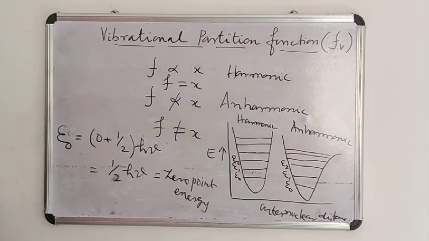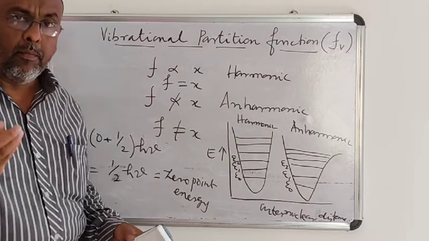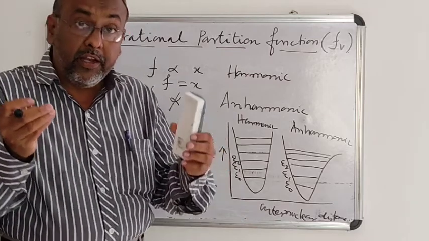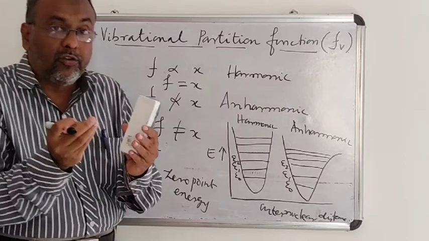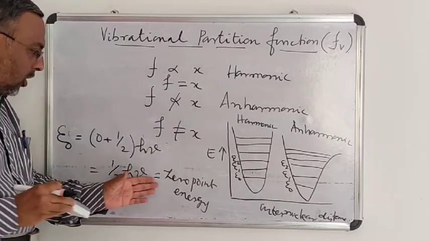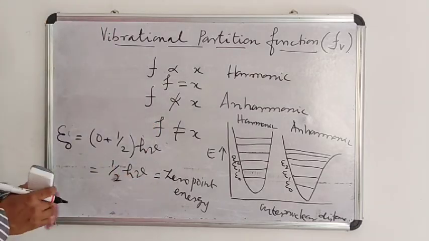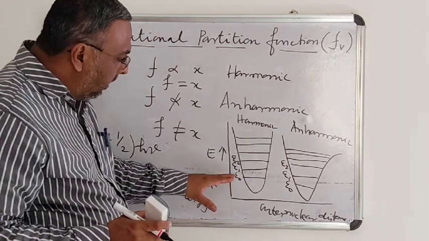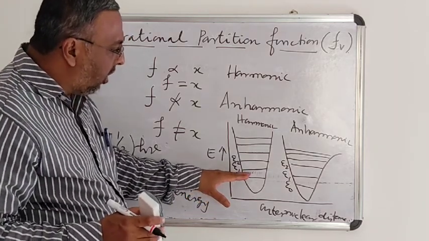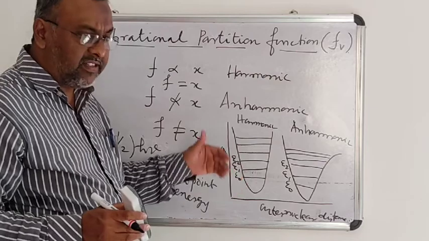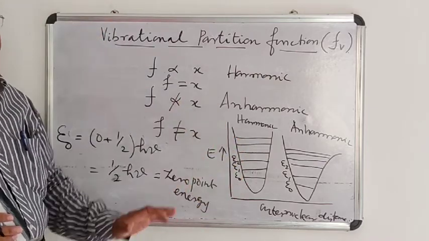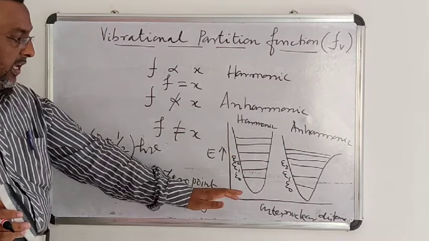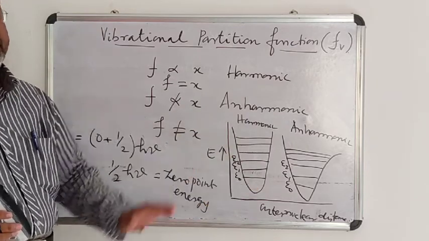Zero point energy is the energy of a molecule even in the ground state; they vibrate to some extent. The energy of the first and second levels is usually calculated with reference to the zero point energy, that is, the zeroth vibrational level.